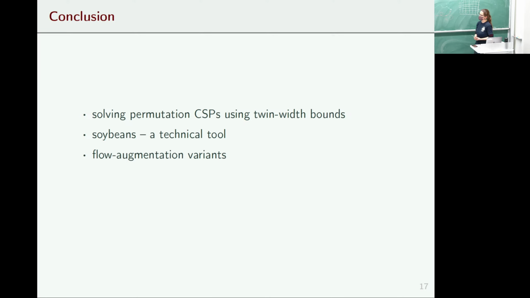But also, I think adding the soybeans to the flow augmentation as a variant is maybe the more interesting idea. So you can prove stronger variants of the flow augmentation that are more related to your problem, or give a slightly stronger property that is very relevant for your problem.